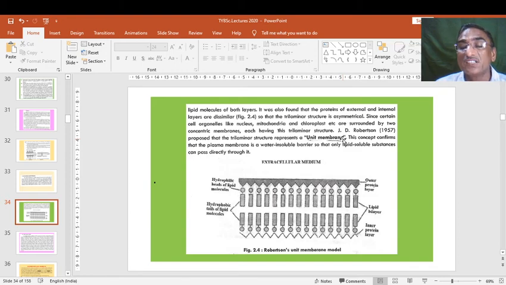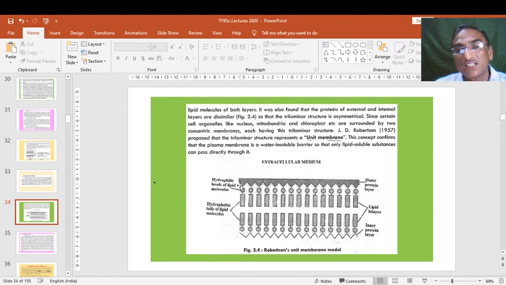It is a large membrane and it works in the role of the animal body. And this concept confirms that the plasma membrane is a water-soluble barrier, so that only lipid-soluble substances can pass directly through it. So this is the extracellular medium and this is the intracellular medium.